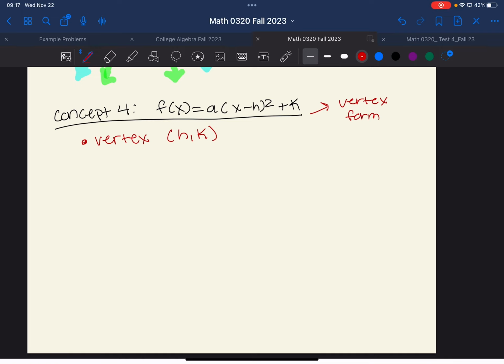H, k. Notice we have h and k in our formula. Another important factor about this equation is that we can find the axis of symmetry from this equation because we know it's going to be x equals h. X equals h, that first point in the vertex.